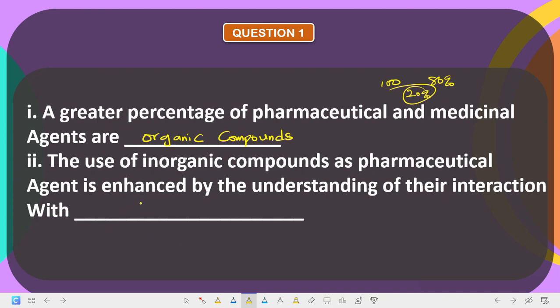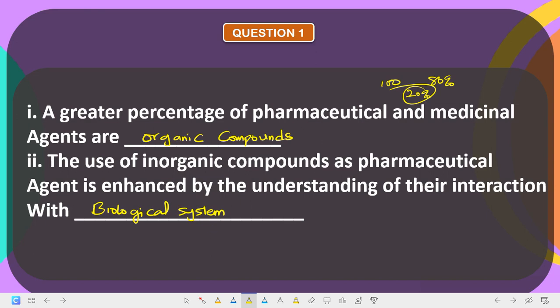Now, the second question under this says the use of inorganic compound as pharmaceutical agent is enhanced by understanding of their interaction with what? The correct answer is biological system.